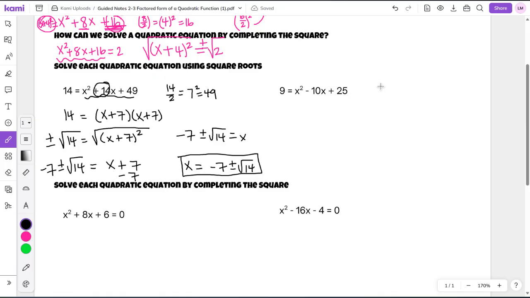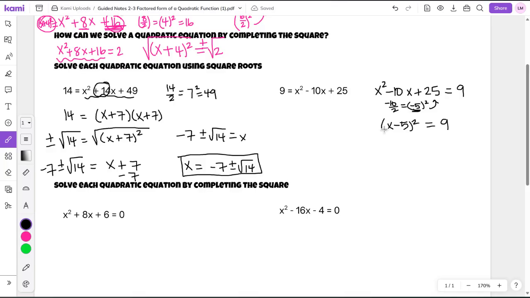All right, let's do this one. I'm going to flip this one around so I have the x squared stuff on the left side. It doesn't matter how you do it, but I did one this way, so I want to switch it around. When I divide 10 by 2, I get negative 5, and negative 5 squared is 25. So I don't need to do anything; I'm just going to factor this. It factors into x minus 5 squared, and that's equal to 9.